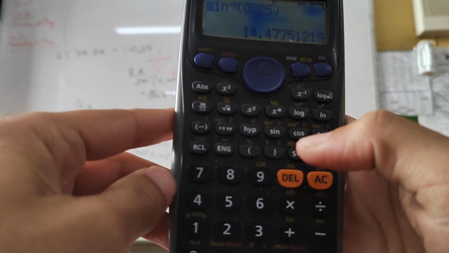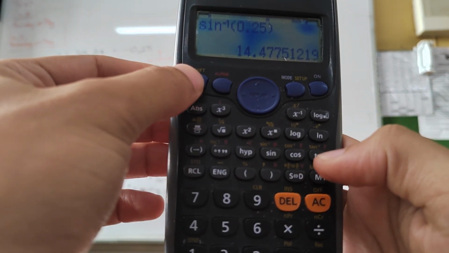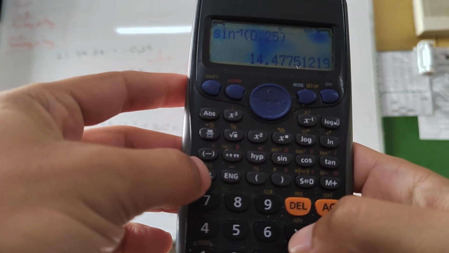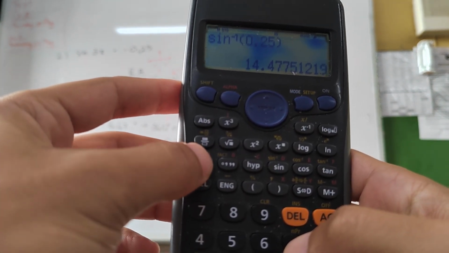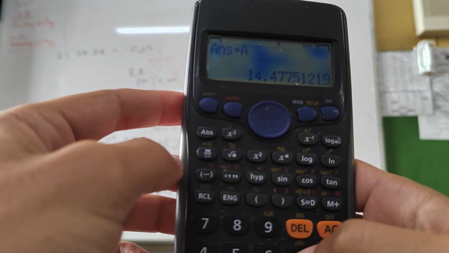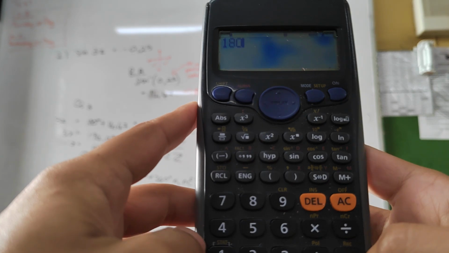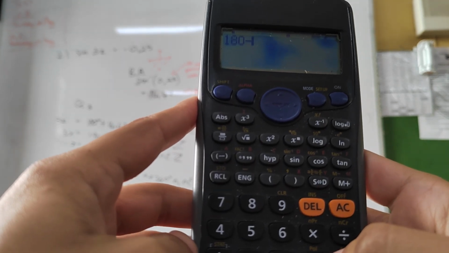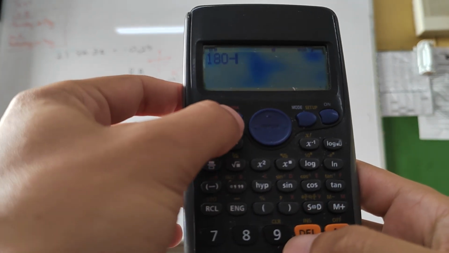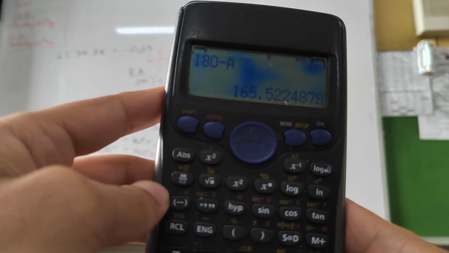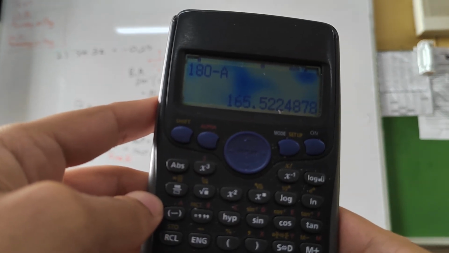Okay, I'll check now. So this we take then shift and store, and then we store that as answer A. Okay, and then we're going to say 180 minus alpha A gets me to 16.